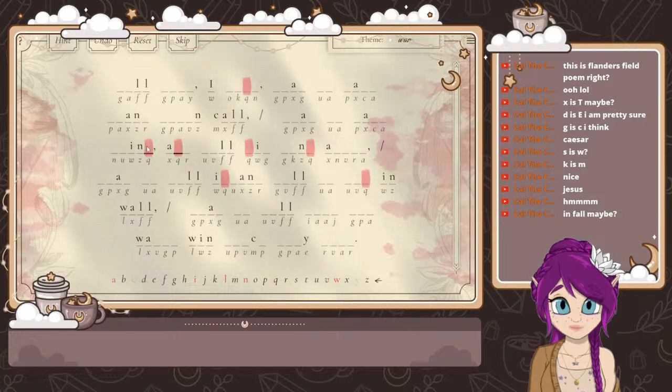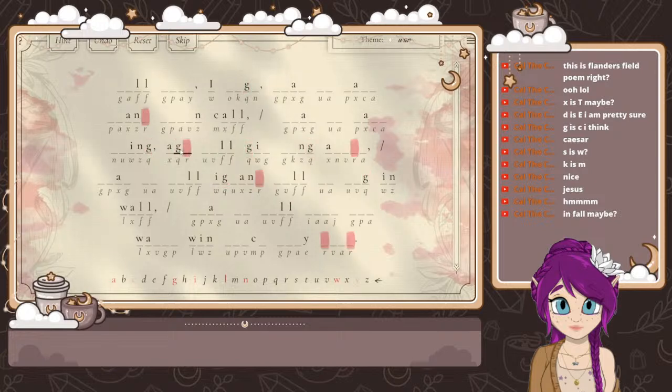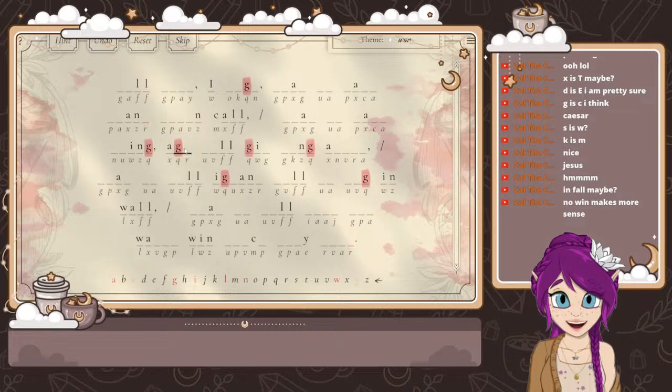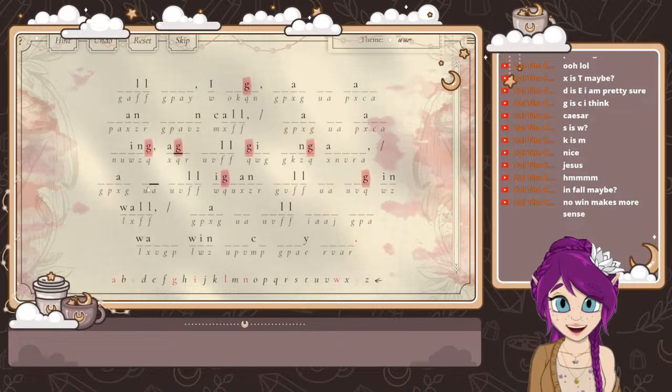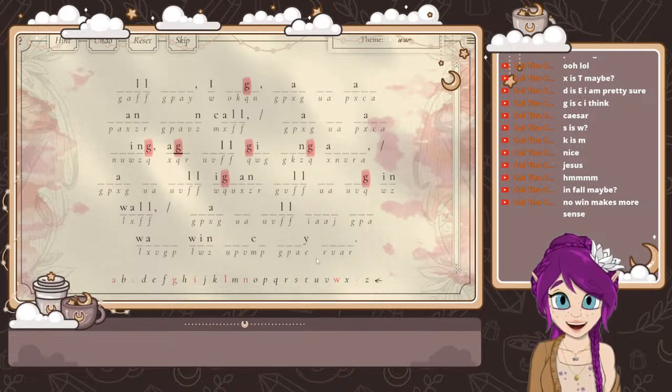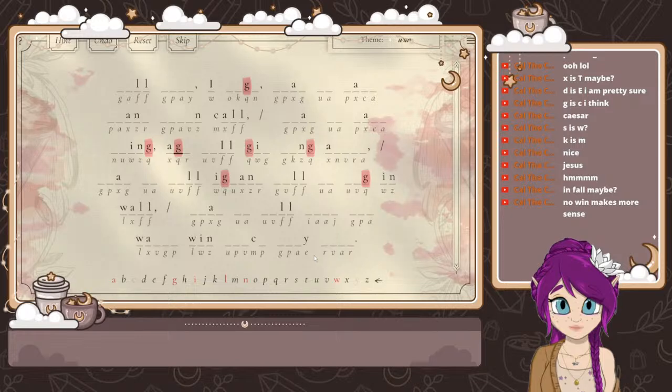ING? Because there's usually a couple ands, but I'm not seeing many 3-letter ones. Yeah. This word makes sense right now. It could change later.